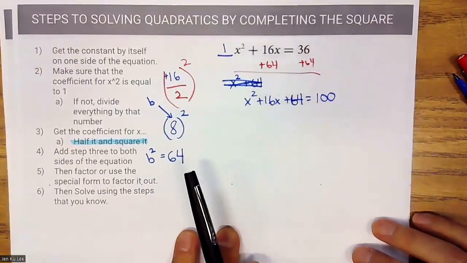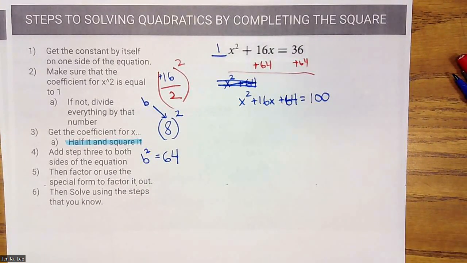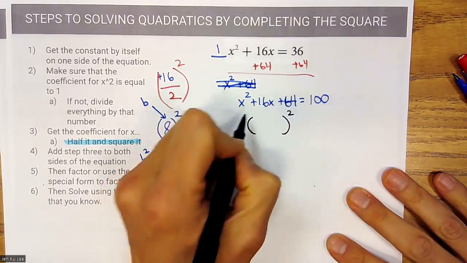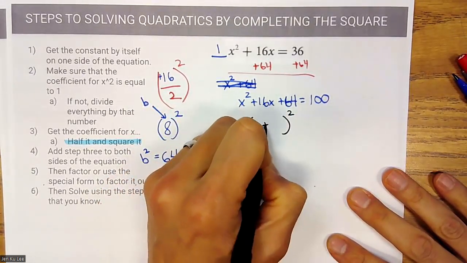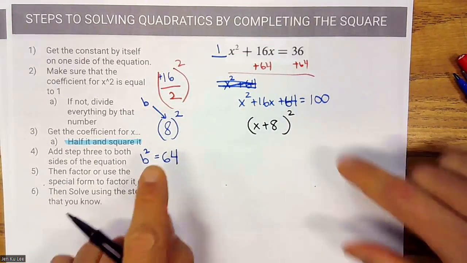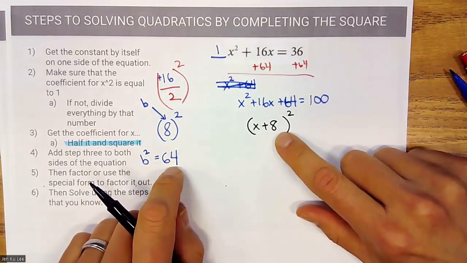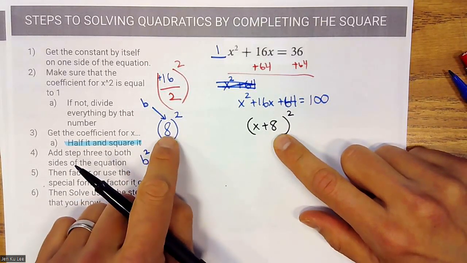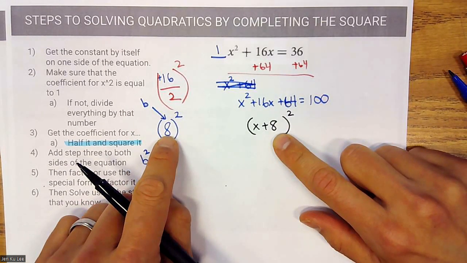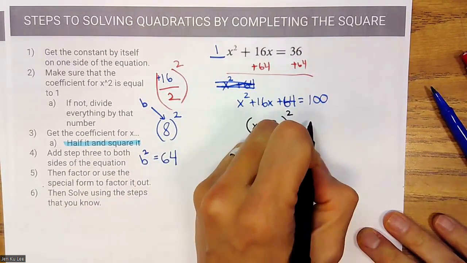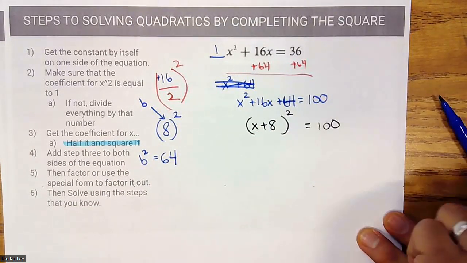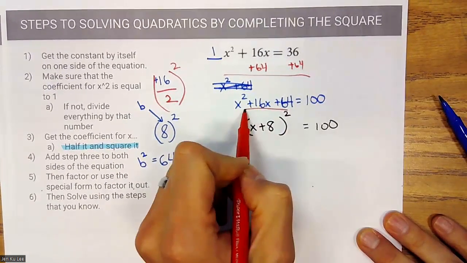And then we're going to solve. We're going to factor it or use a special form to factor it out. Okay. So this becomes x plus 8 quantity squared. A plus b quantity squared, right? And we got our b value right here. Okay. Equals 100. So then I'm going to square root.